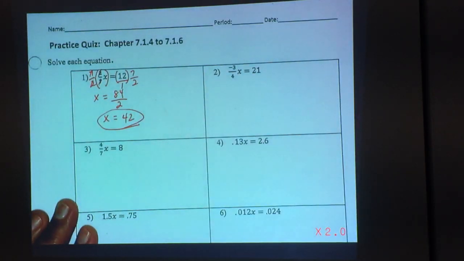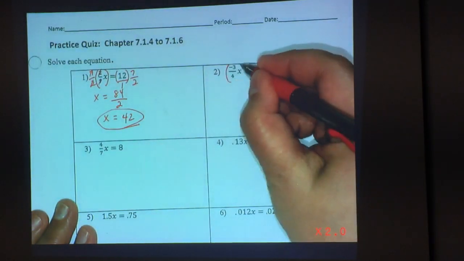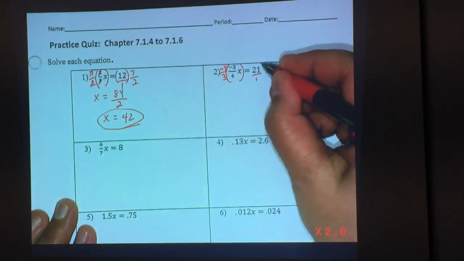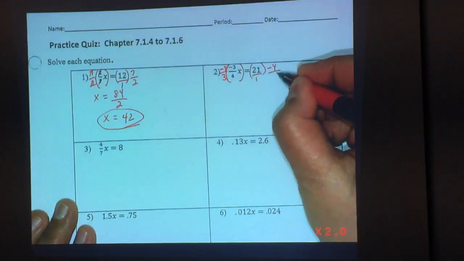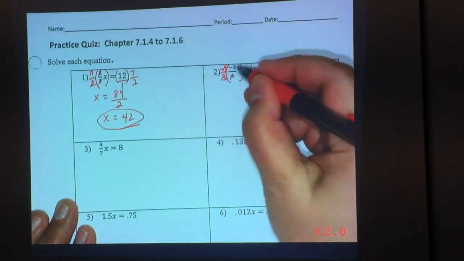What's the reciprocal of negative 3/4? It is negative 4/3. Put a 1 under that. Giant 1.